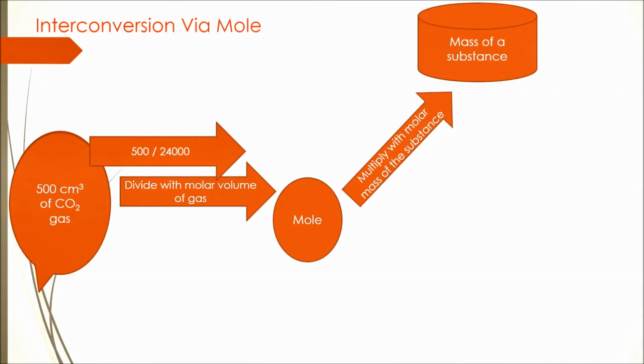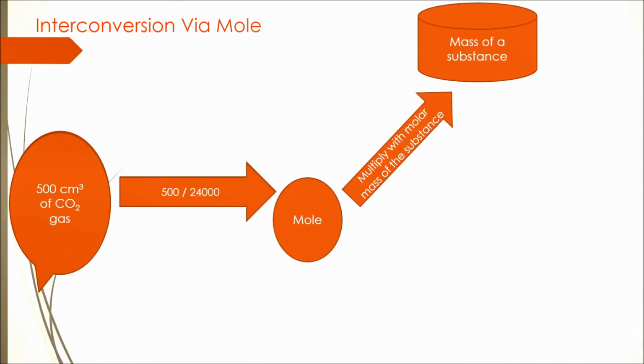First convert this volume into mole by dividing with molar volume, which is 24,000, and then we get mole. In the first step we divide, and in the second step we multiply. In the first step we calculate mole, and in the second step we calculate mass, so we multiply and we get mass of carbon dioxide.